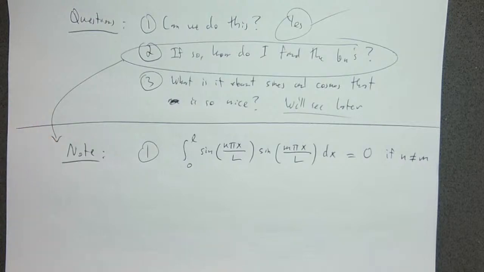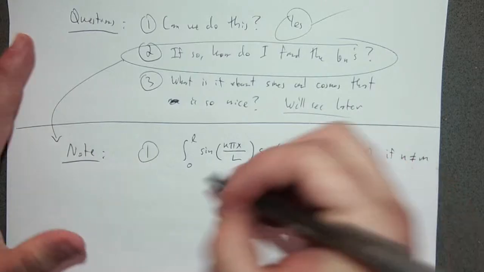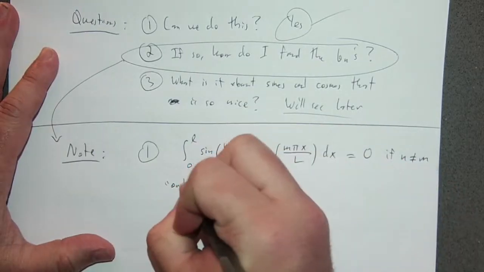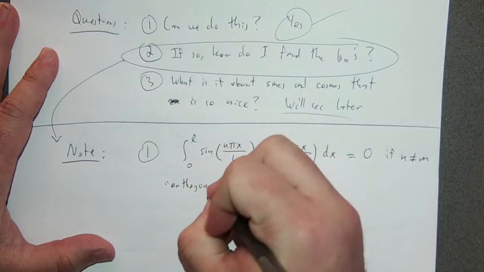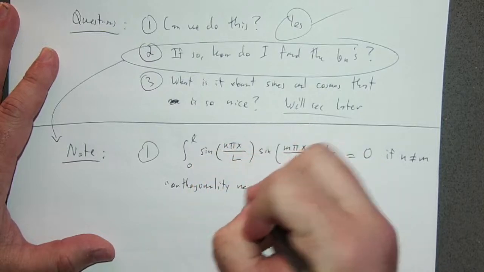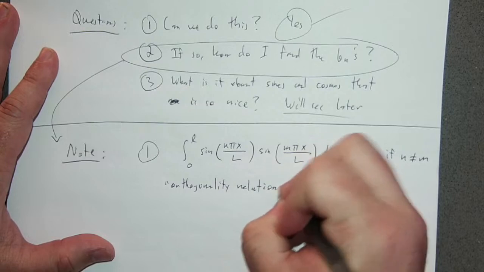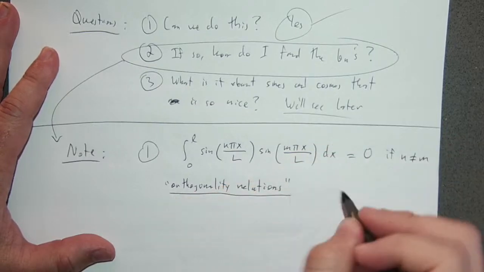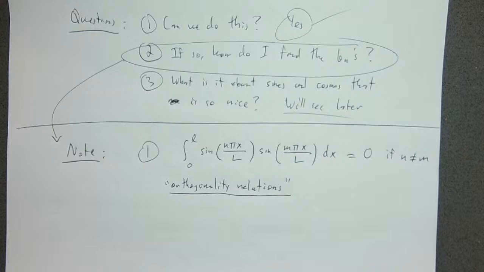This is called an orthogonality relation. You can verify this yourself, and you will just by directly integrating this.